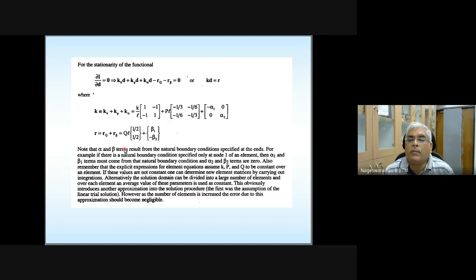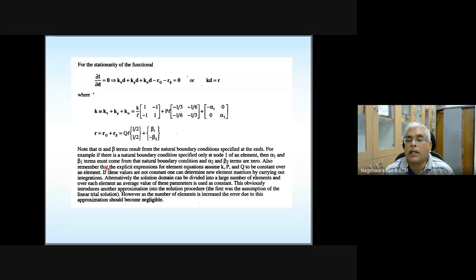Note that alpha and beta terms result from natural boundary conditions specified at the ends. For example, if there is a natural boundary condition specified only at node 1 of an element, then alpha 1 and beta 1 terms must come from that natural boundary condition, and alpha 2 and beta 2 terms are 0.